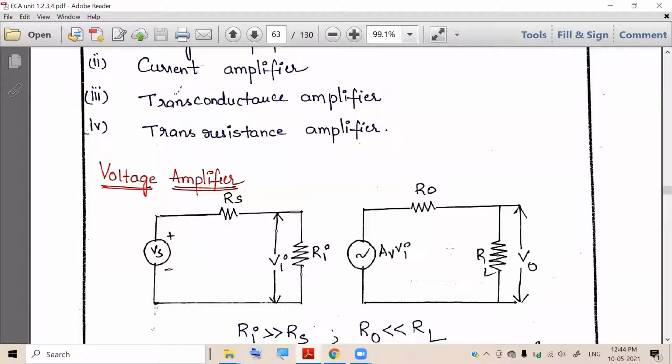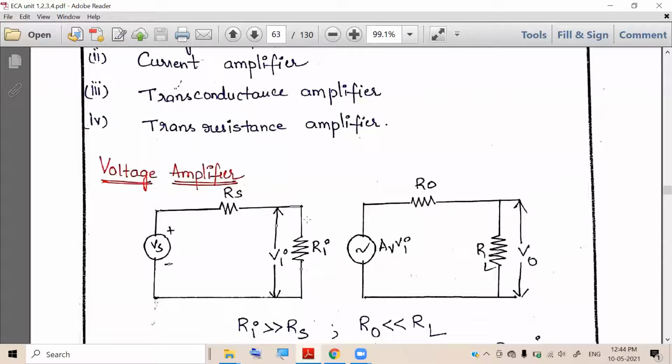Now, see, it is like this. If Ri is much greater than Rs, okay, easy question I will ask you.